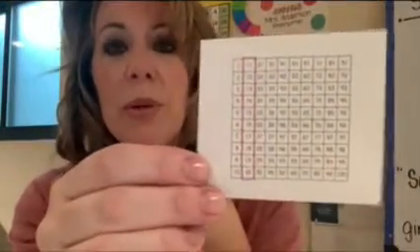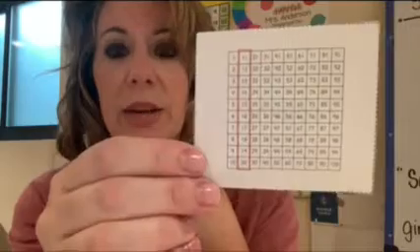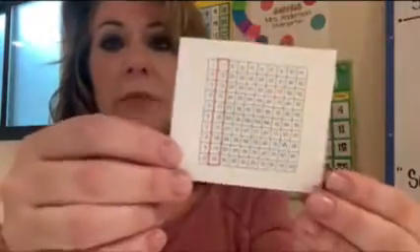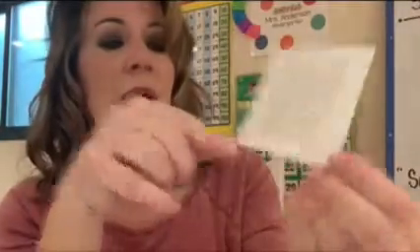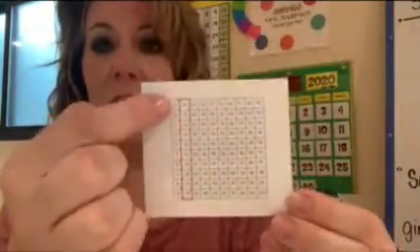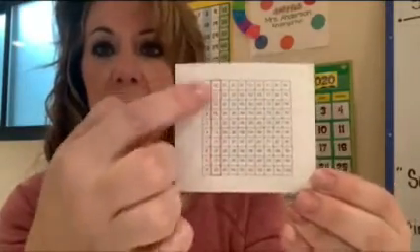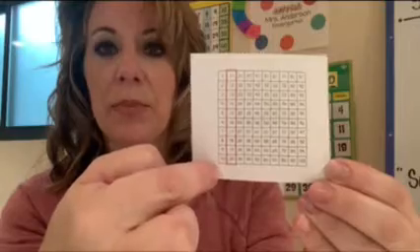Well, right away, what are we looking at? What do you notice here? This looks like our hundreds chart that we had in the classroom, okay? And so they have put columns go from top to bottom, okay?